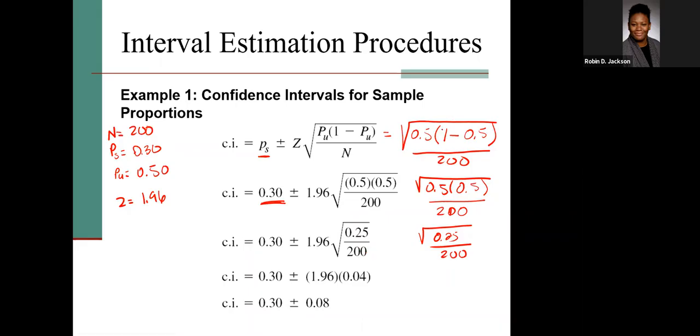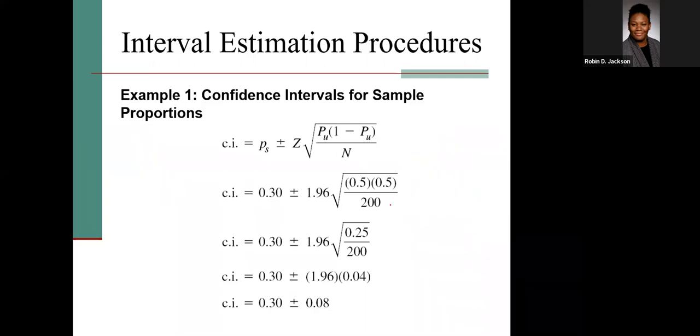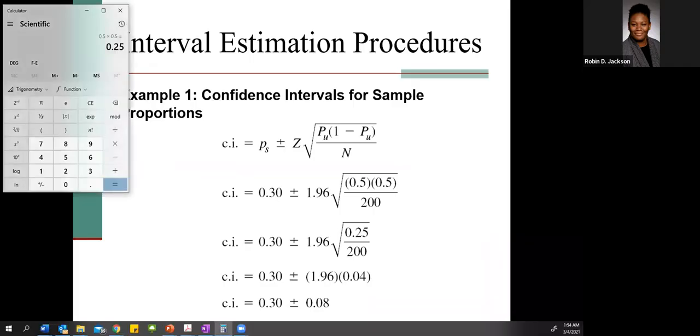So what I'm going to do real quick is clear this out so that you can see what I'm talking about. If you need to write something down or whatever, I would suggest you do that now. Okay, so let's go ahead and look at that. Because remember, I said that before I cleared everything out, we ended up with 0.25.